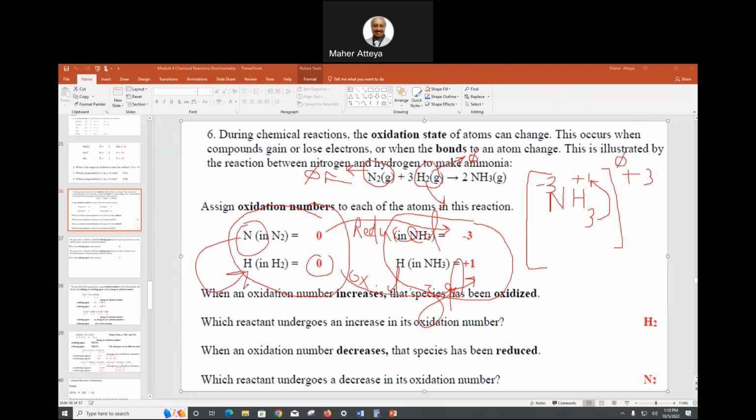What does nitrogen do in the process? Well, nitrogen is forcing hydrogen to be oxidized. So nitrogen is oxidizing. The -ing means the one that does the work, the one that does the function. So nitrogen is an oxidizing agent.